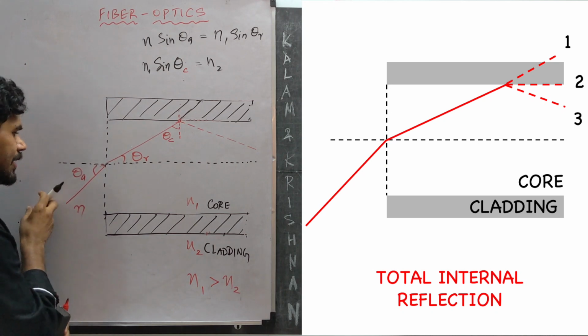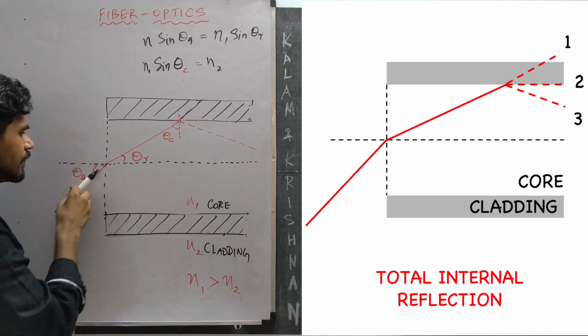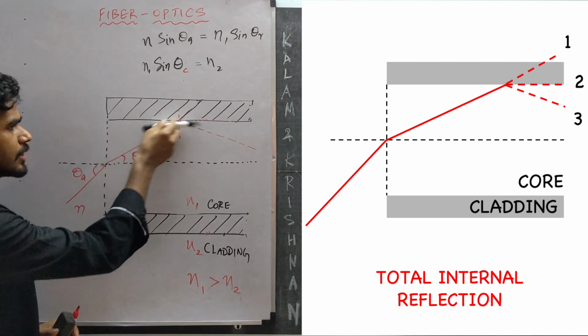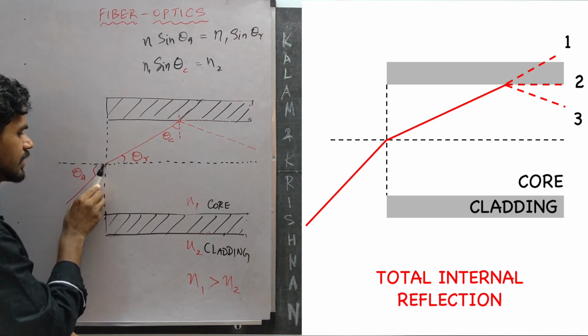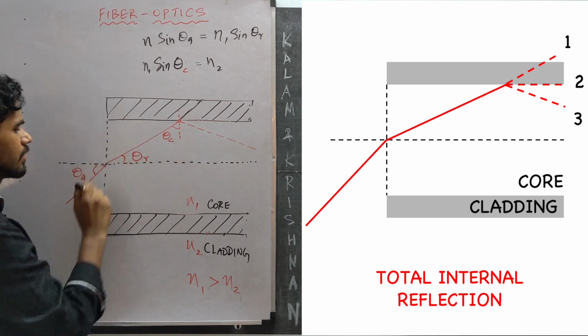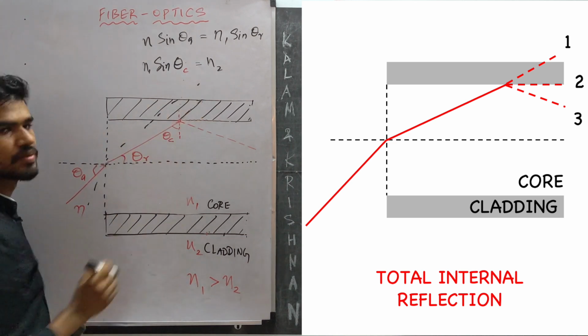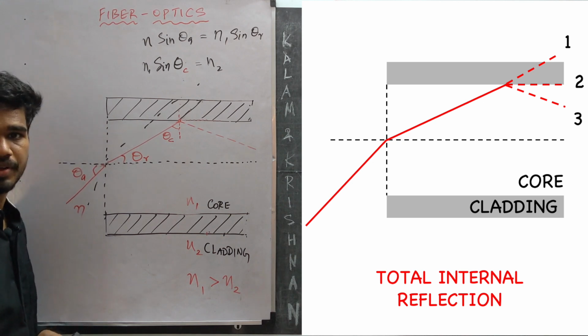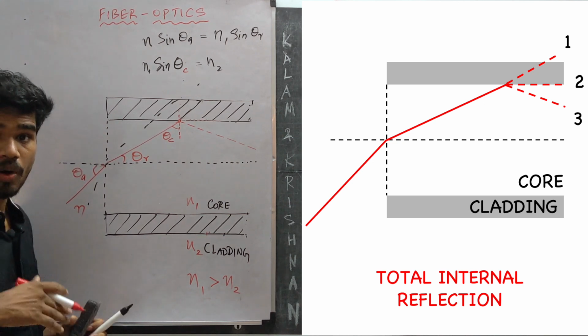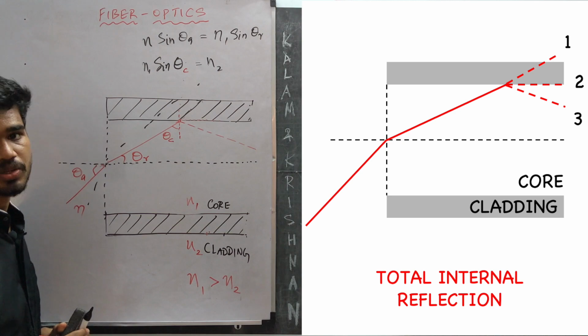So as long as light enters the endoscope within this theta a, it will get totally internally reflected. If it enters at an angle that's higher than theta a, it will get refracted through the cladding. The fiber optic cable will not work. Clear? Now let's go solve an example problem based on this.